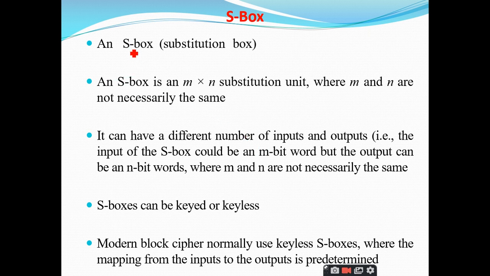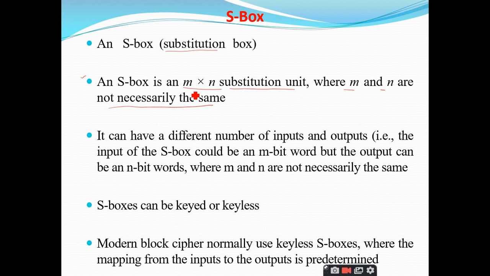So an S box stands for the substitution box. We know very well about this. And an S box is an M by N substitution unit where M and N are not necessarily the same. Similar to a P box, we have m inputs and n outputs, but they are not necessarily the same.